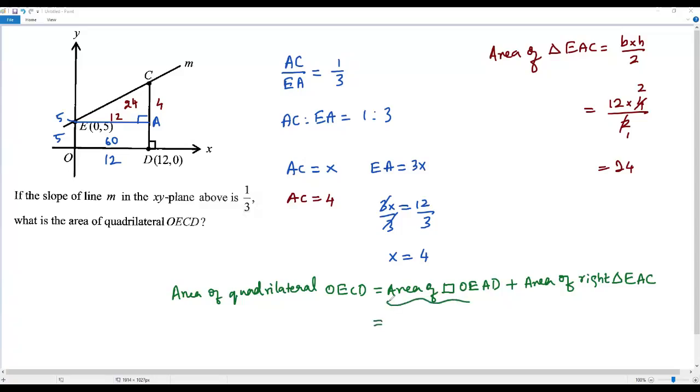Already we got the area of rectangle OEAD, that is 60 square units. Let me plug in 60 for this area of rectangle. Plus, we got the area of the right triangle EAC, that is 24 square units. Let me plug in 24 for the area of the right triangle. So when I add them, I'm getting 84. So therefore, the area of quadrilateral OECD is 84 square units.